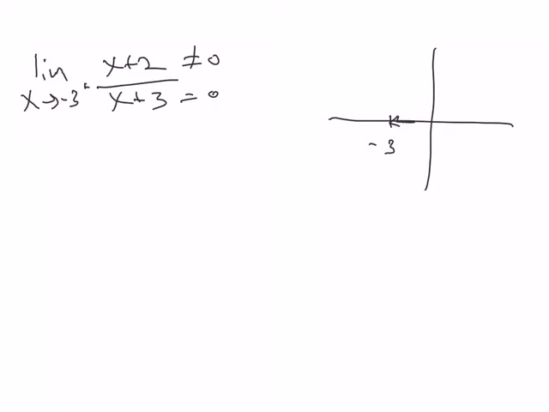So what happens is you're going to get x plus 2 over x plus 3, and I'm going to imagine what's going on at this x, a number really, really close to negative 3.